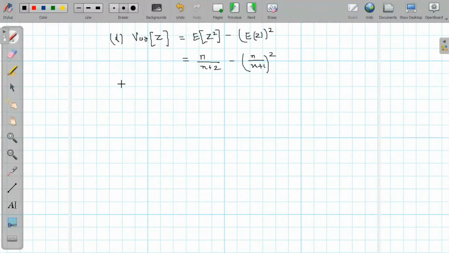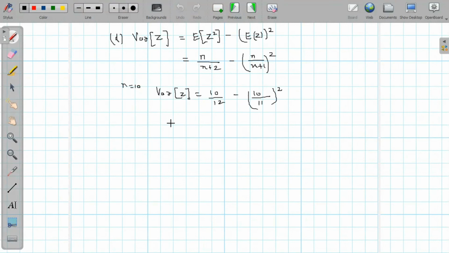For example, in the GATE exam, they may ask you, for n equal to 10, find the variance of z. So you can put n equal to 10 in this expression and calculate the variance of z. So let's calculate it. The variance of z will be 10 over 10 plus 2, that will be 12, minus 10 over 10 plus 1, that will be 11, whole square. So you can calculate this and that will give you the variance.